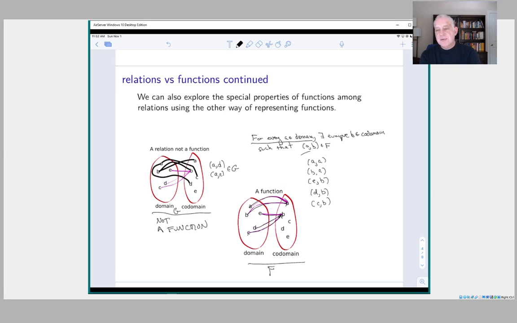So remember, to prove something is not a function, you have to negate the quantifiers.